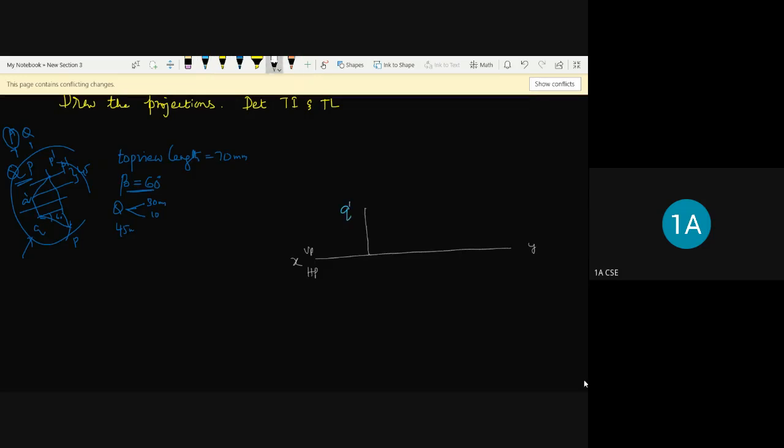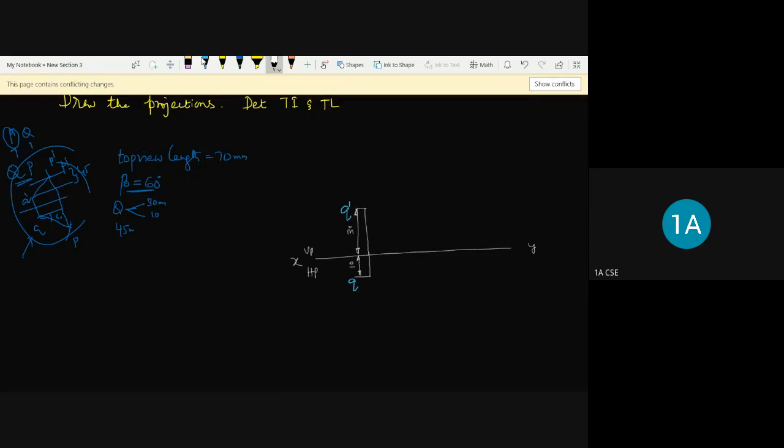Similarly, 10 mm I'll take here, so the dimensions are represented. This is 30 and this is 10.